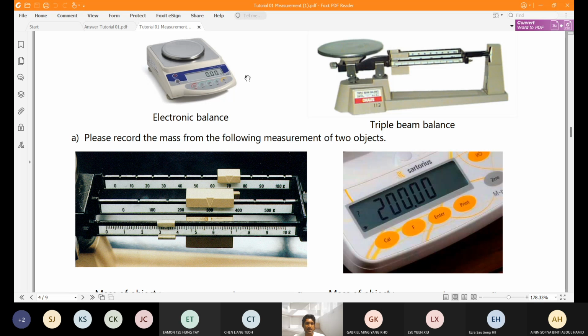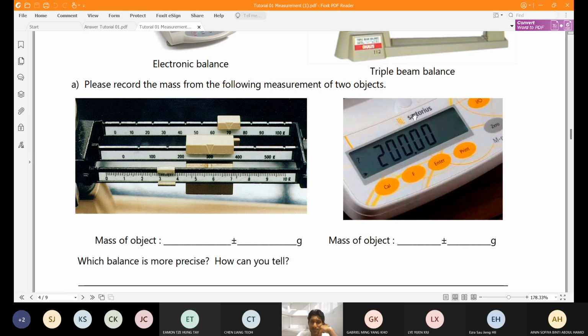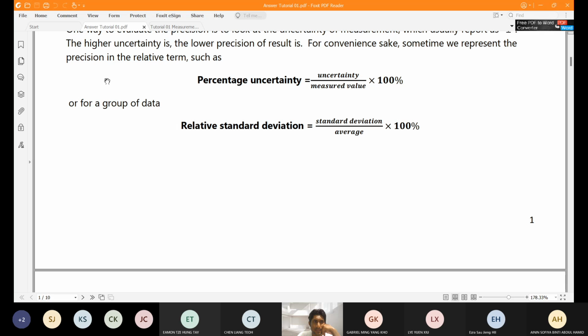So what is the mass for the two objects? Here for the electronic measurement, it is giving us 200.00. For the triple beam balance, what will be the measurement for this?